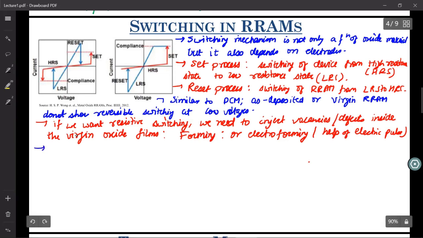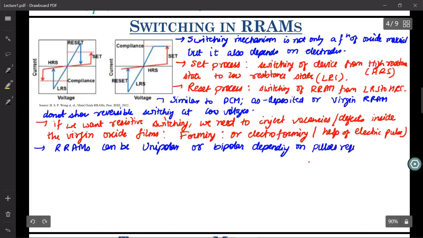RRAMs can be unipolar or bipolar, depending on the nature of the pulses required to switch the device. There's also one category which is known as non-polar. I'll be discussing that as well.